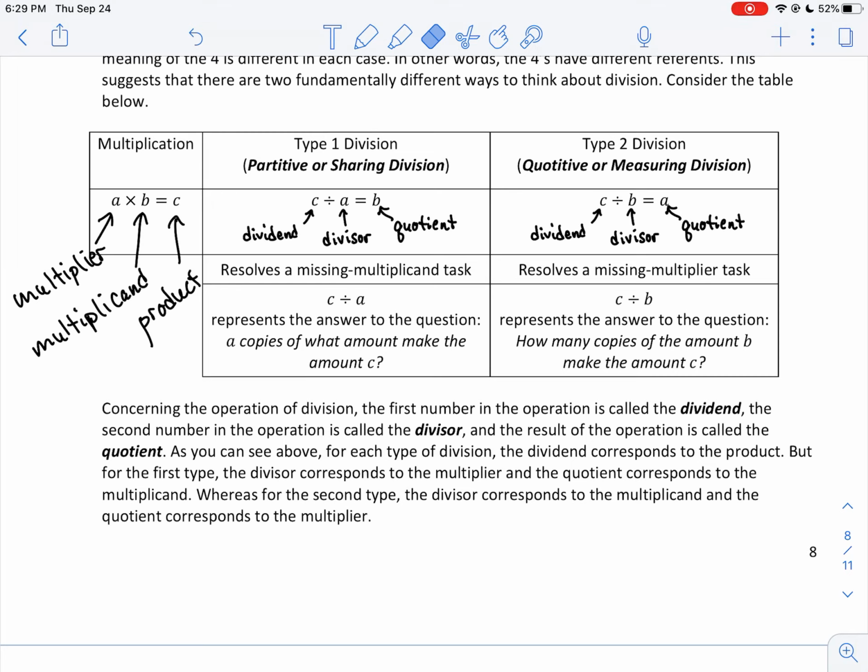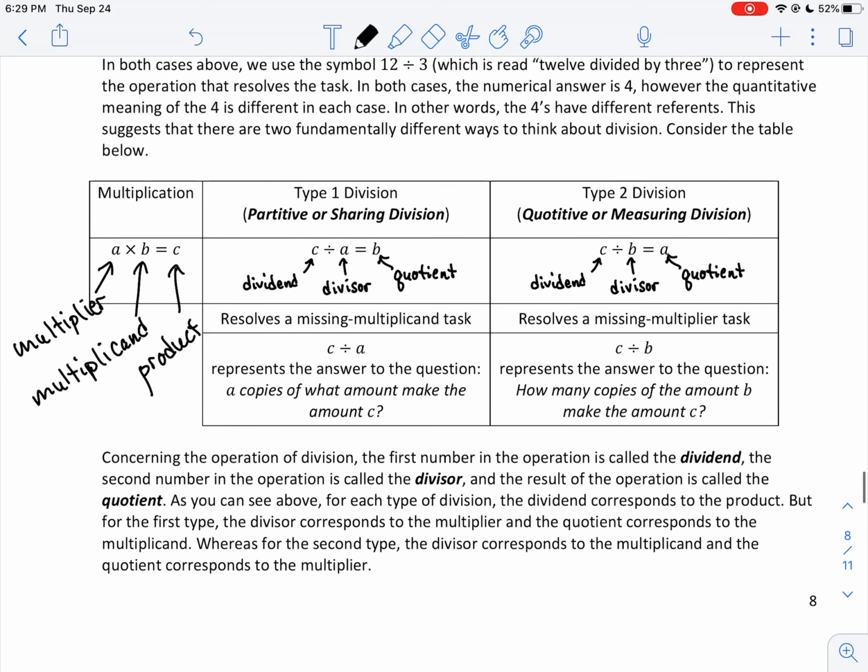It's maybe better to think that the two types of division are, if you want to name them this way, partitive division, where you're trying to figure out how much per copy. This is the general high-level question: how much per copy? That means you're trying to find a multiplicand. And the second type is you're trying to figure out how many copies. You're trying to find a multiplier.